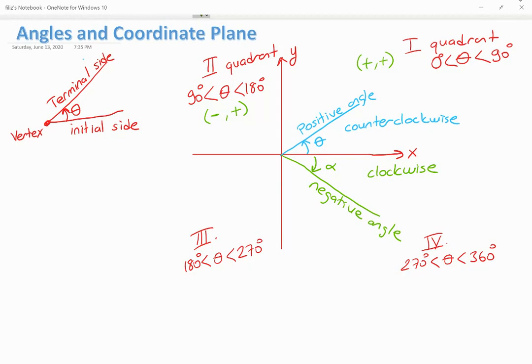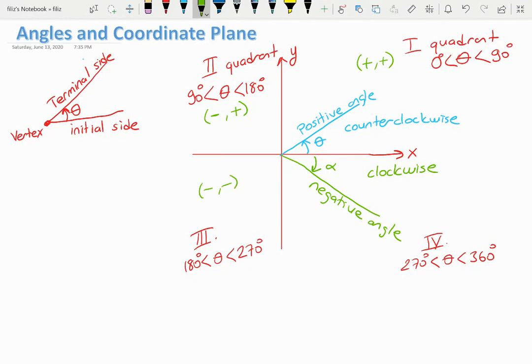Here, both of them are negative. How do we know? We know, right? -1, -2, -1, -2. So in this quadrant, both of them are negative. But in the fourth quadrant, x is positive and y is negative. Keep this information in mind.